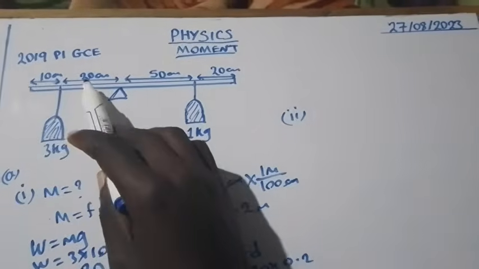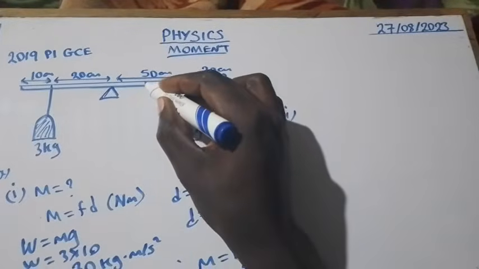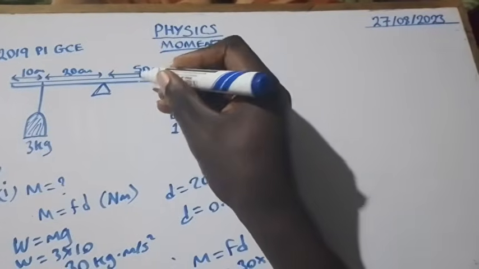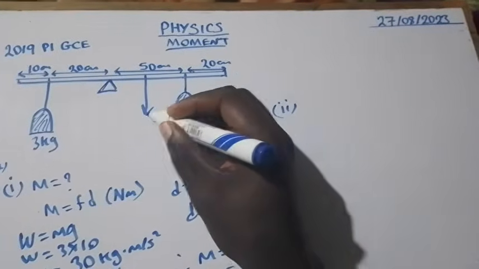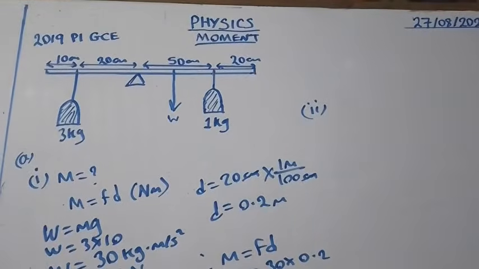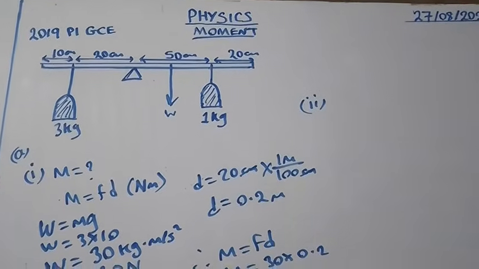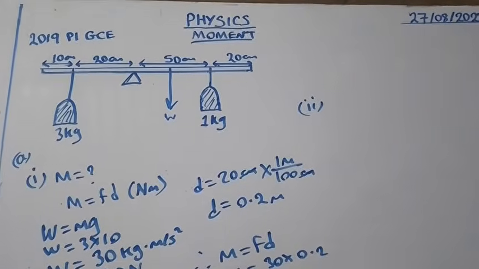So we have 10 plus 20, which is 30. So our 50 is likely to be somewhere here. That's the force we are looking for, the weight of the plank. Okay.